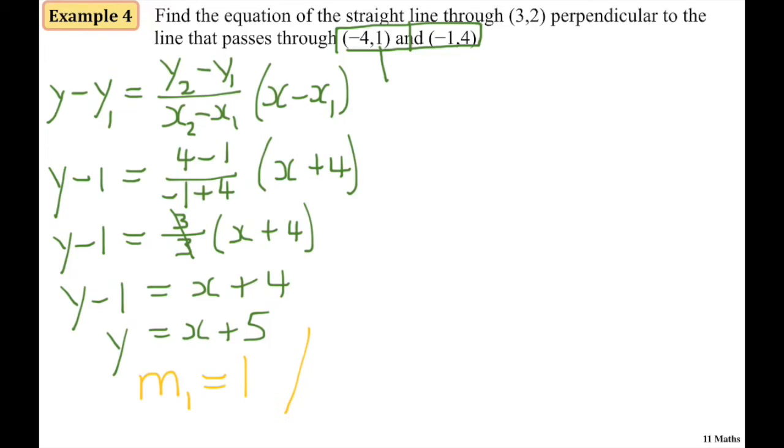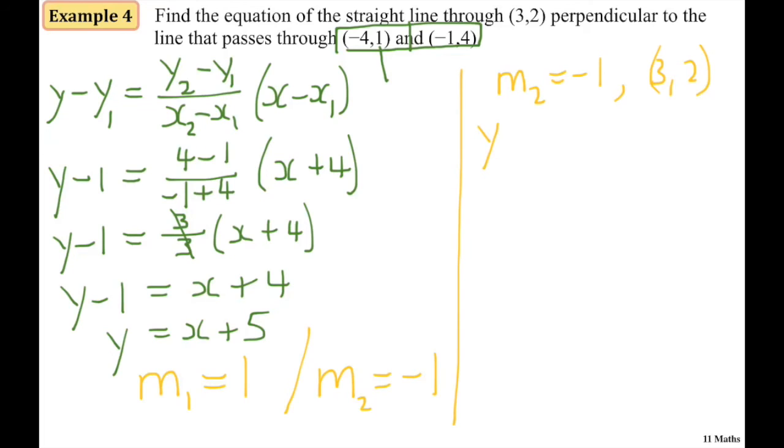So the gradient of the perpendicular line would equal -1, because we know that for perpendicular lines, the two gradients have to multiply to give an answer of -1, and 1 times -1 equals -1. So I can now find the equation of the line I'm interested in. I'm going to be using a gradient of -1, and it passes through (3, 2).